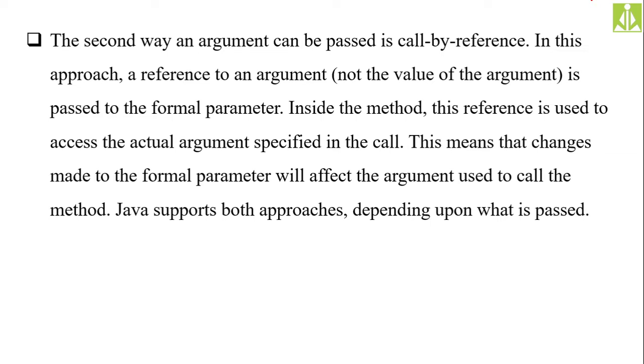So when you are passing the entire memory location as an argument to the method, indirectly it is taking the reference of the actual argument. So if you do any changes to the formal parameter, those changes will also affect the actual argument.